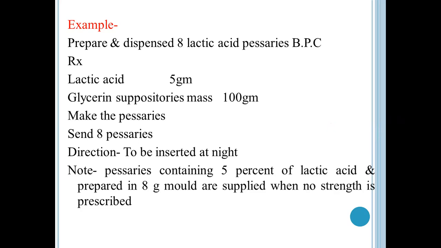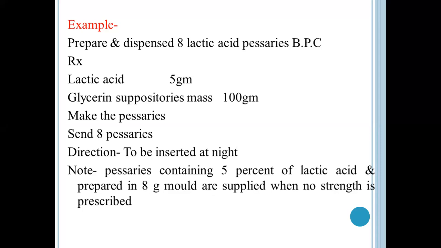Then method of preparation. Firstly lubricate the mold with liquid paraffin or arachis oil, invert it and cool. As we saw in this video, firstly we have to clean this mold so that the sticky or melted material does not adhere to it. So firstly, lubricate or clean this mold with the help of any oil such as arachis oil, or we can use liquid paraffin.